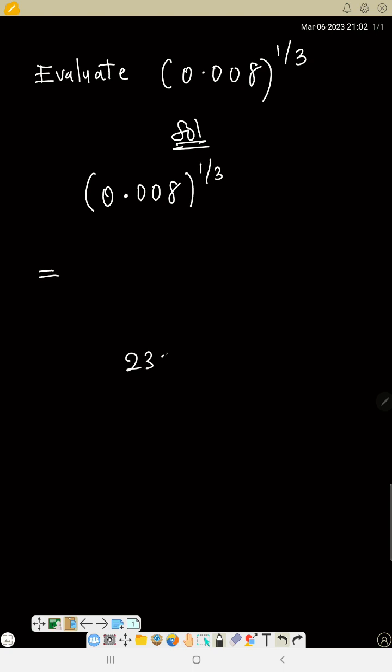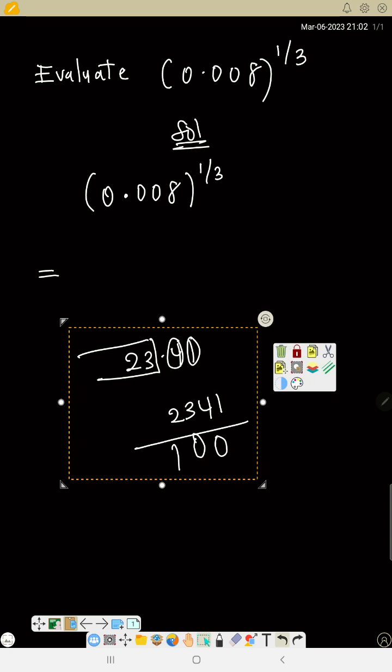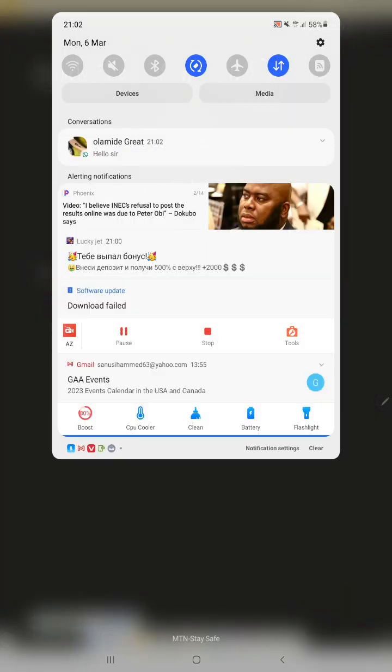If I have 23.41, to change this to fraction, remove the point, it will be 2341 over 1 for all the numbers before decimal, and each number after decimal, change it to 0. But go and watch the video on how to convert decimal to fraction, so you will understand better.